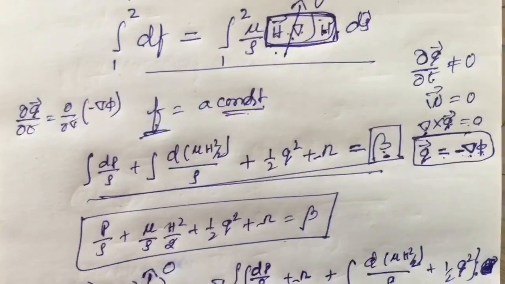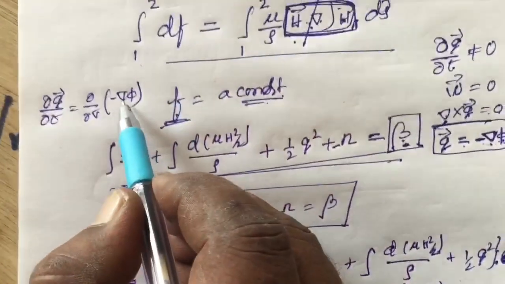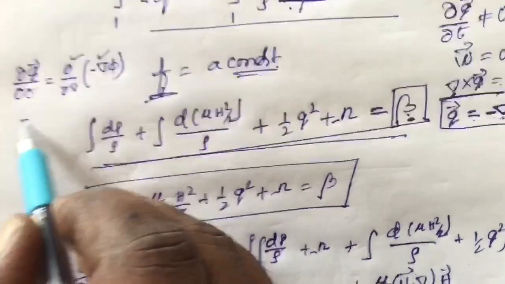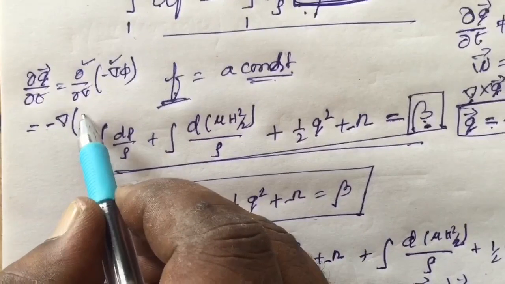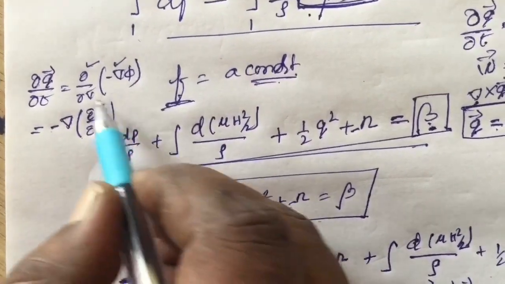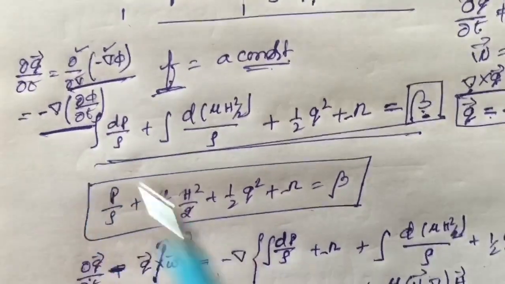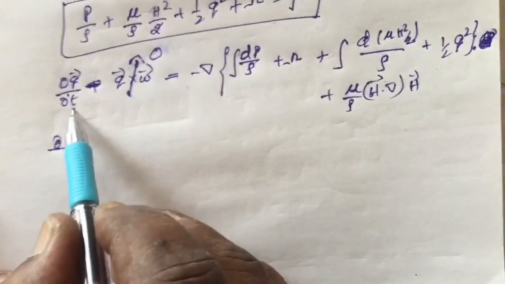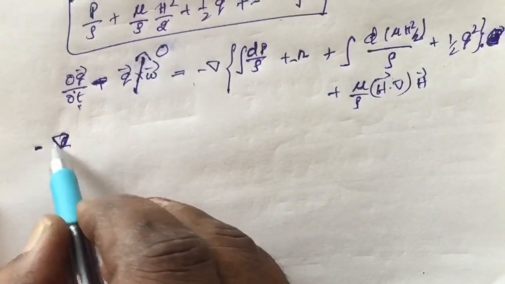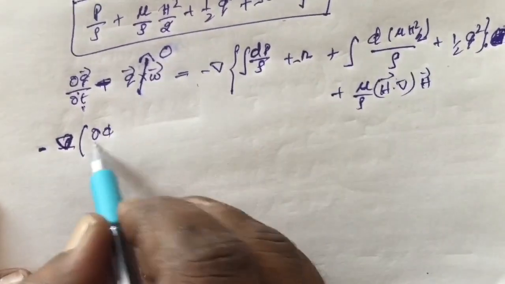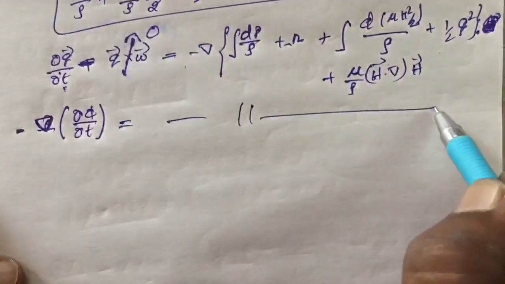Minus gradient of phi is a differential operator, so you can write it as minus gradient of del phi by del t, where phi is the velocity potential, equal to the right hand side as it is.